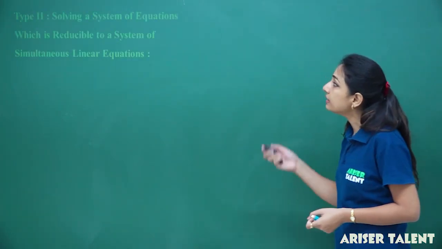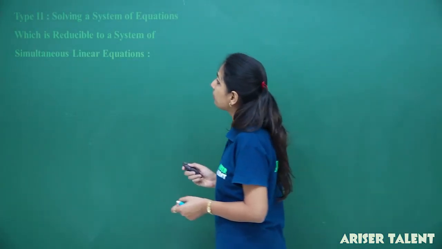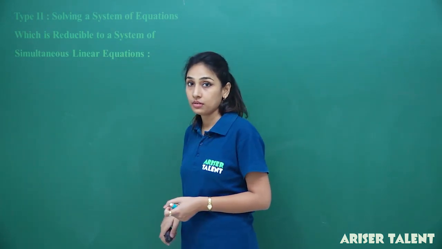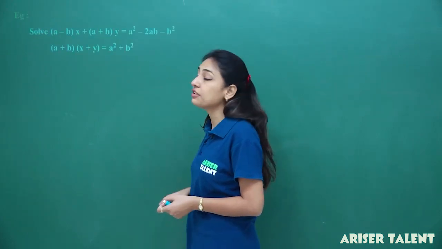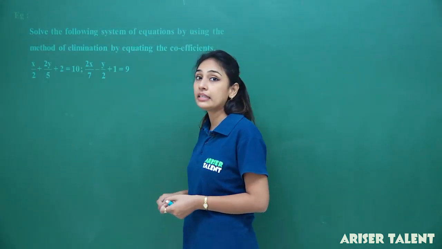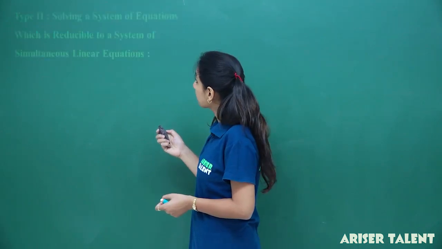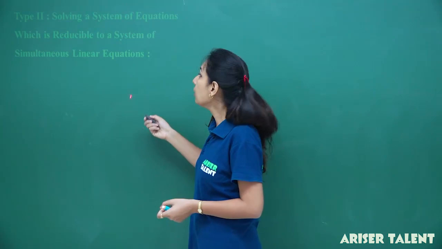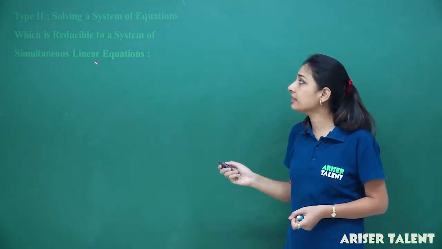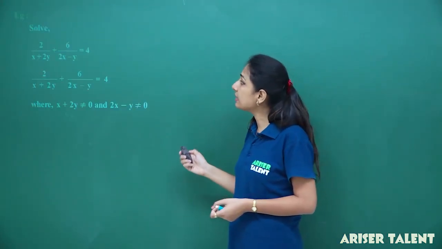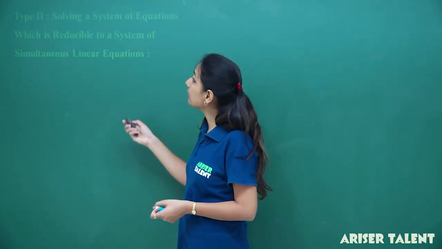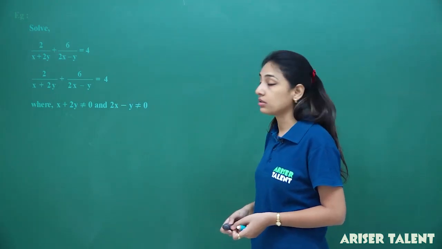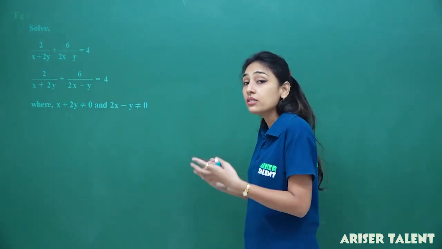Right. Second type: solving a system of equations which is reducible to a system of simultaneous linear equations. These were linear equations, these were simultaneous linear equations. Now, if any equation is reducible to a system of simultaneous linear equations, we will say that this can be solved by that technique only. Now, have a look at this. How is it reducible?